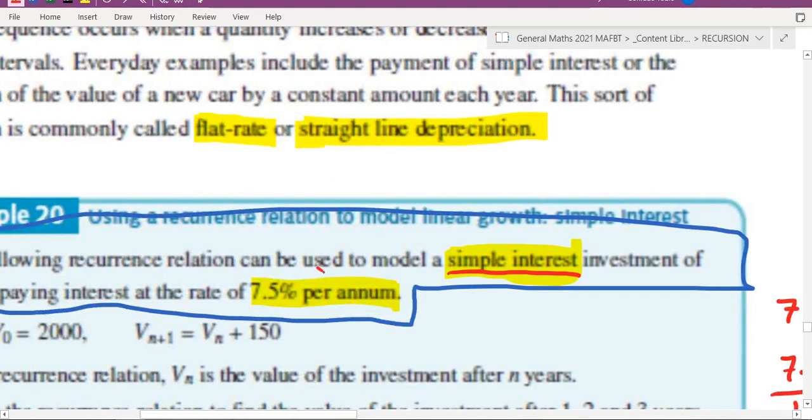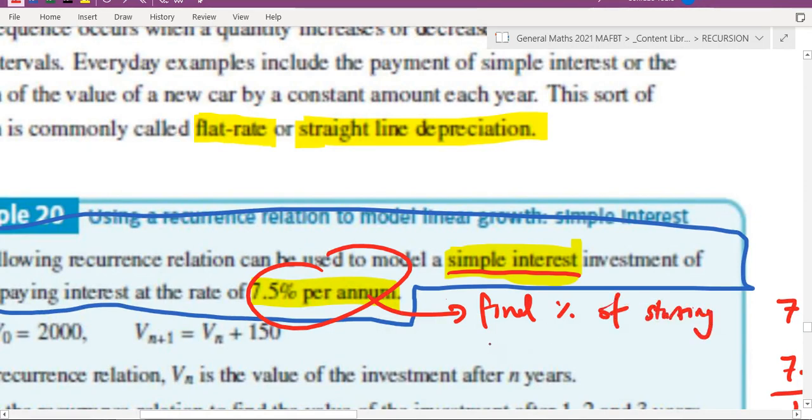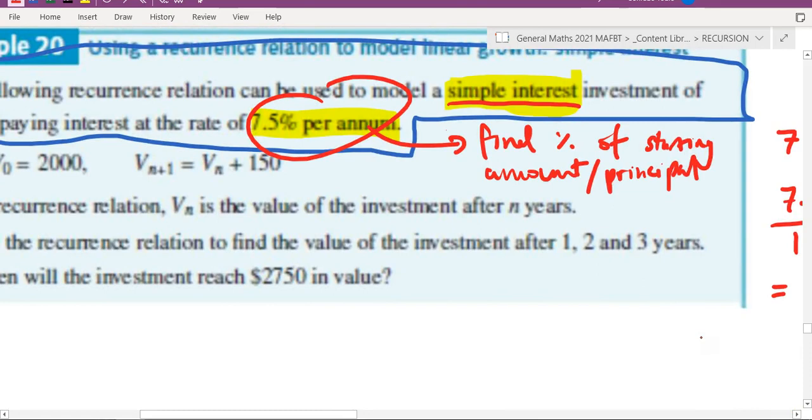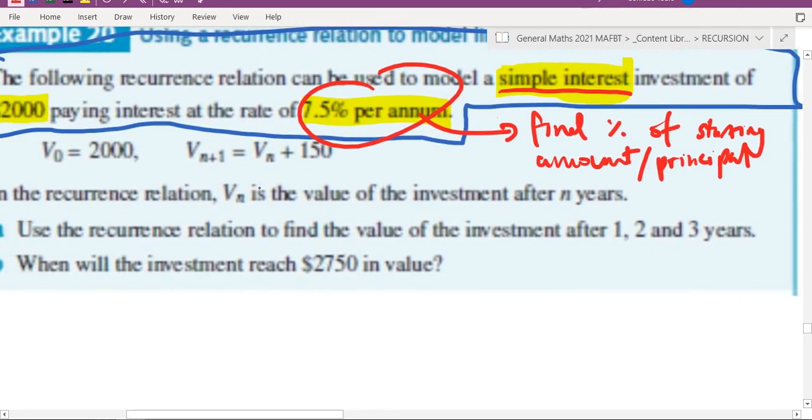For this, you need to find a percentage of the starting amount, or you could call it the principal, which is what some people will call it. So when you get a question like this, you're just finding a percentage of the principal to get this guy, because you won't be able to find this unless you read the question. All right, so let's keep going.